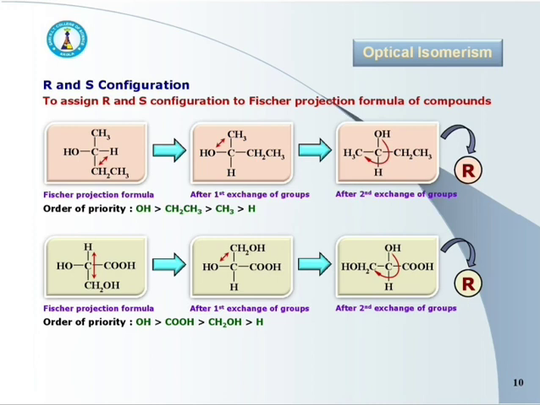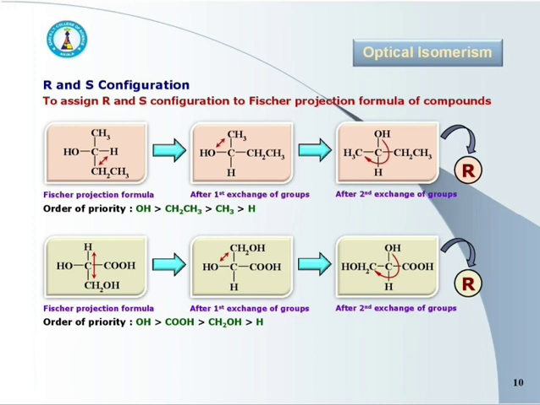Here first I exchange hydrogen and CH2CH3 groups to bring hydrogen at bottom, and then I exchange CH3 and OH groups. Now see the structure obtained after the second exchange of groups.